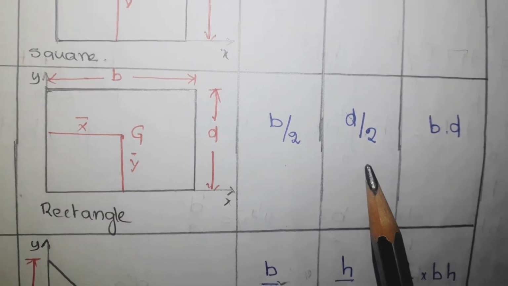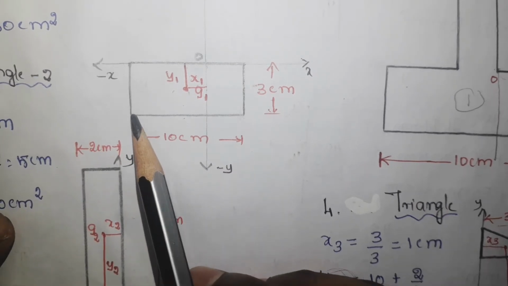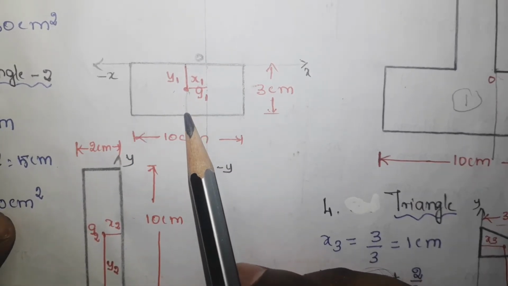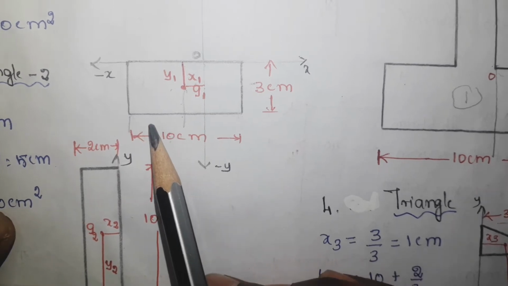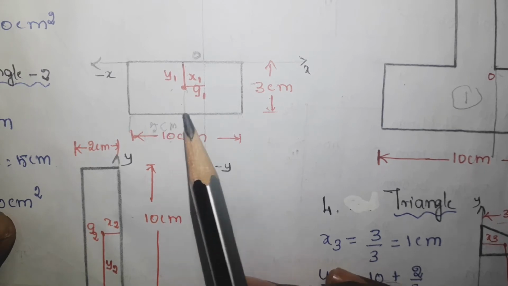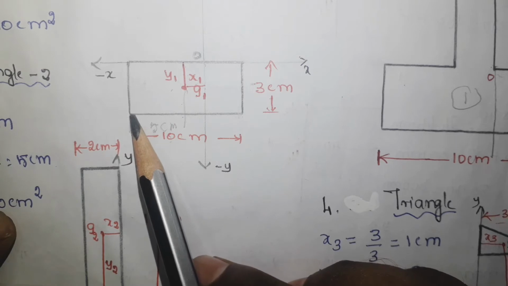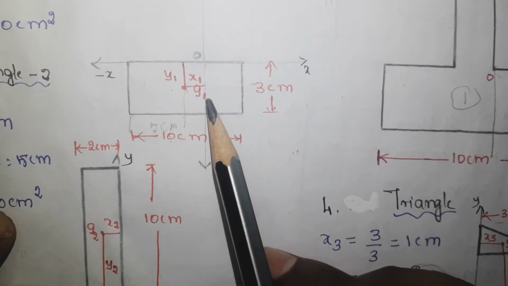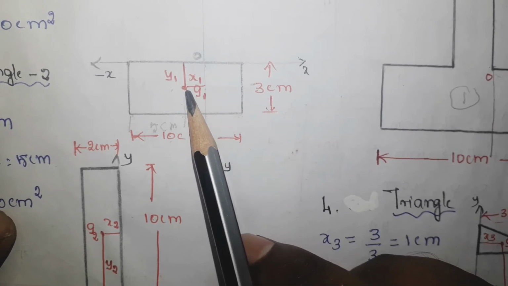In a similar manner, from this end to this G1, it is 10 by 2, which is equal to 5 centimeter. But the y axis is not at the left end, it is on this side. But we need to know the distance between the y axis and the centroid.